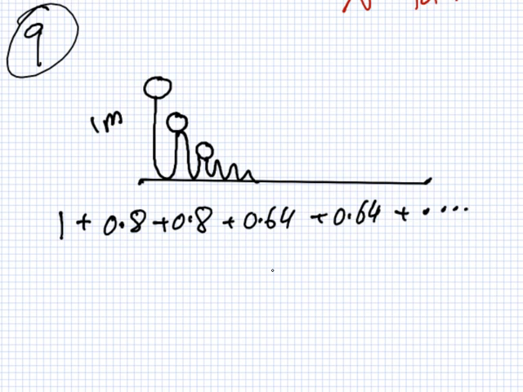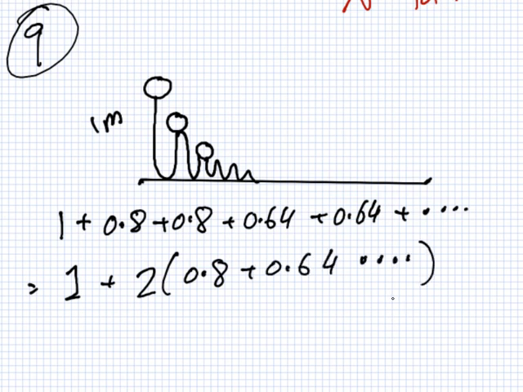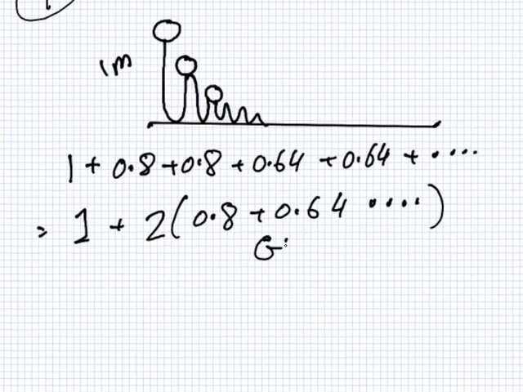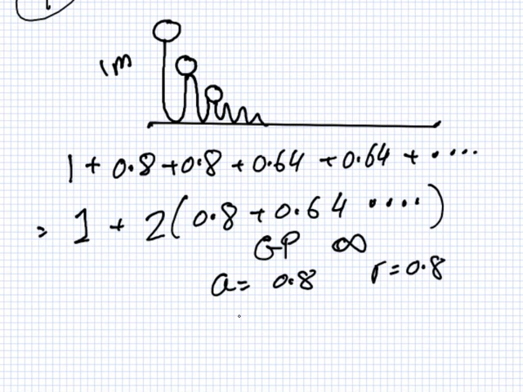So let's add this up. I'm going to keep this 1 by itself. And because each of these happened twice, I'll multiply it by 2, but only add each one once. This here is an infinite GP, with a equals 0.8 and r equals 0.8.